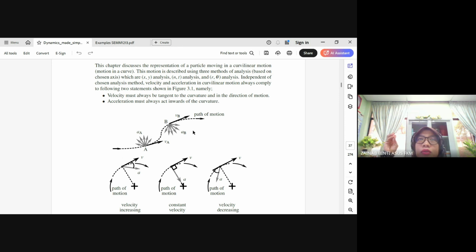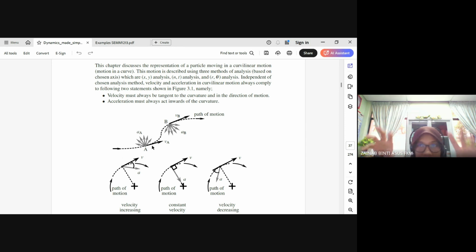Then you take any point on the path, let's say the first point is A. You will see that the velocity VA will always be tangent to the point A. So you take the point A and then draw the tangent of it.